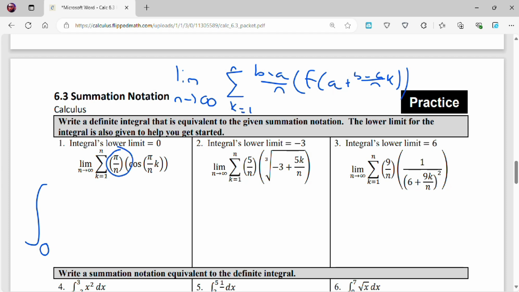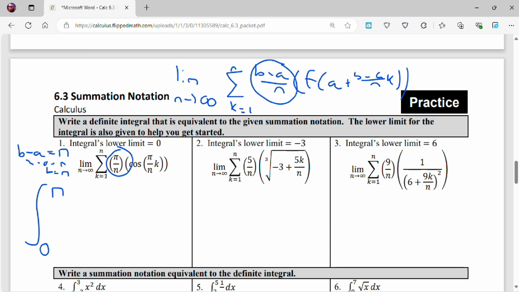This part is equal to b minus a over n. So we're going to solve for b. So b minus a equals pi, right? And our a is given as 0. So b minus 0 equals pi. So b equals pi.